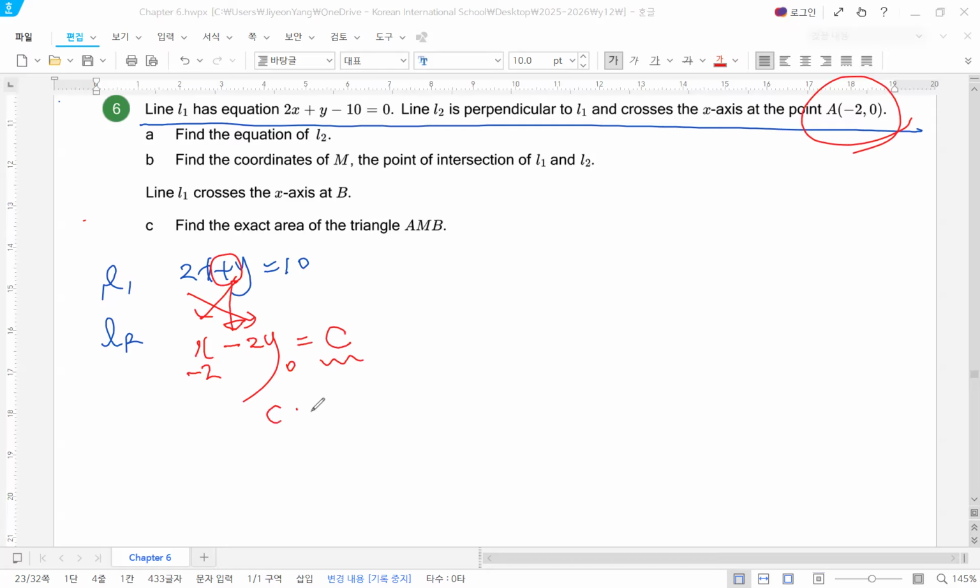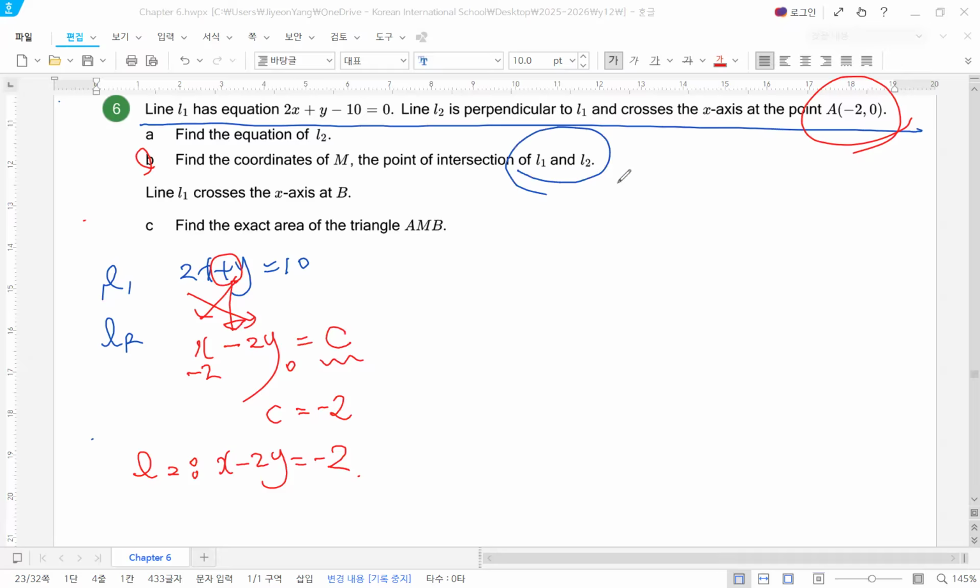Then c equals -2. So L2, the line equation, is x minus 2y equals -2. And question B, Eden. Find the coordinates of the point of intersection of lines L1 and L2.